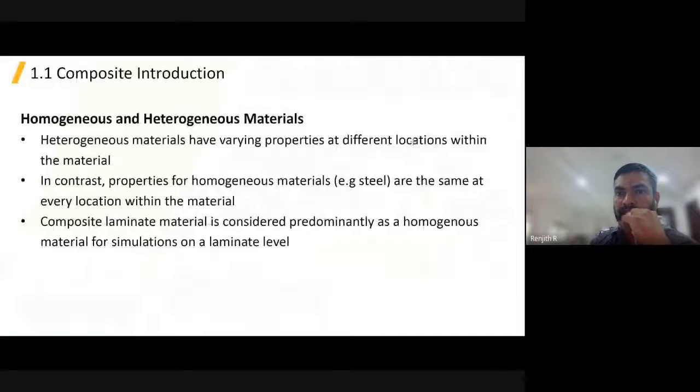Then what are the differences in analysis approach? Most of the time we consider a composite as a homogeneous material, and sometimes we need a heterogeneous concept for our analysis. But in 70 to 80% of cases we consider it a homogeneous material.